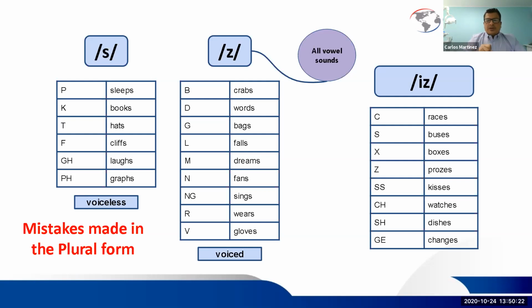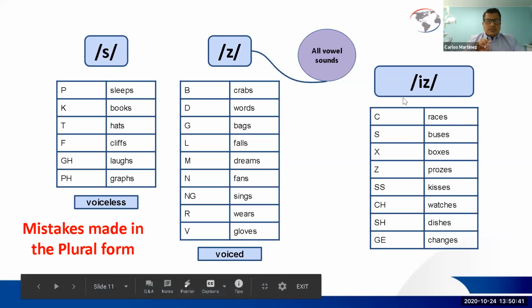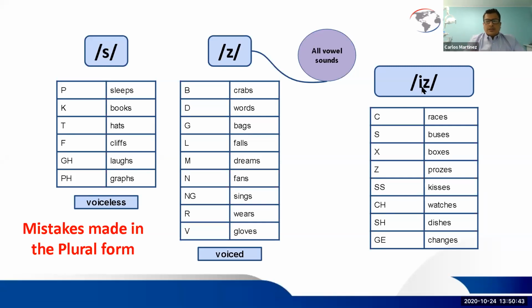Prose, proses. Kiss, kisses. Watch, watches. Dish, dishes. And change, changes. Whenever you have one of these letters or a sibilant sound, you're going to add the -es. Races, buses.